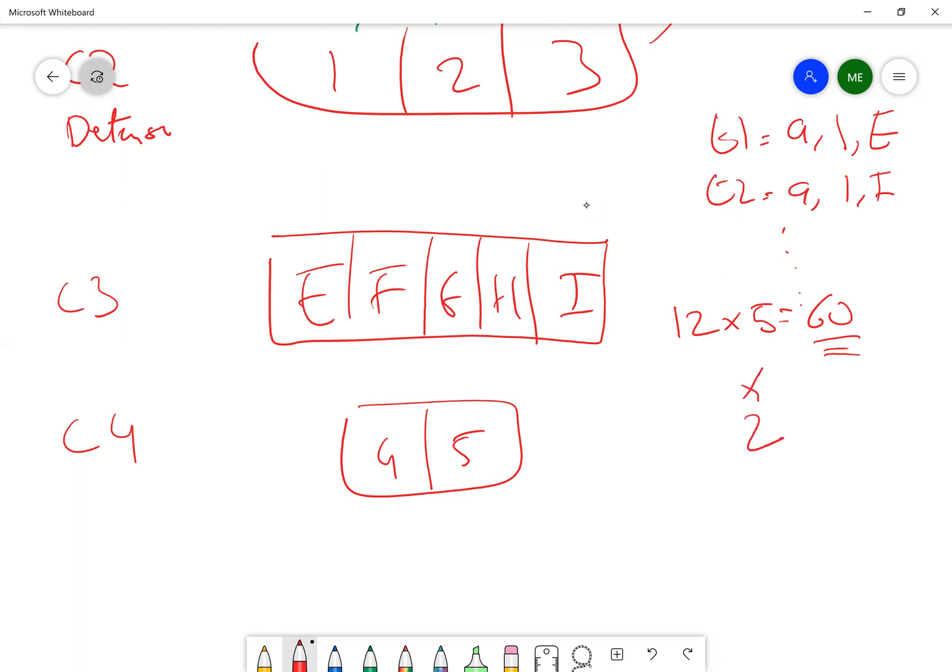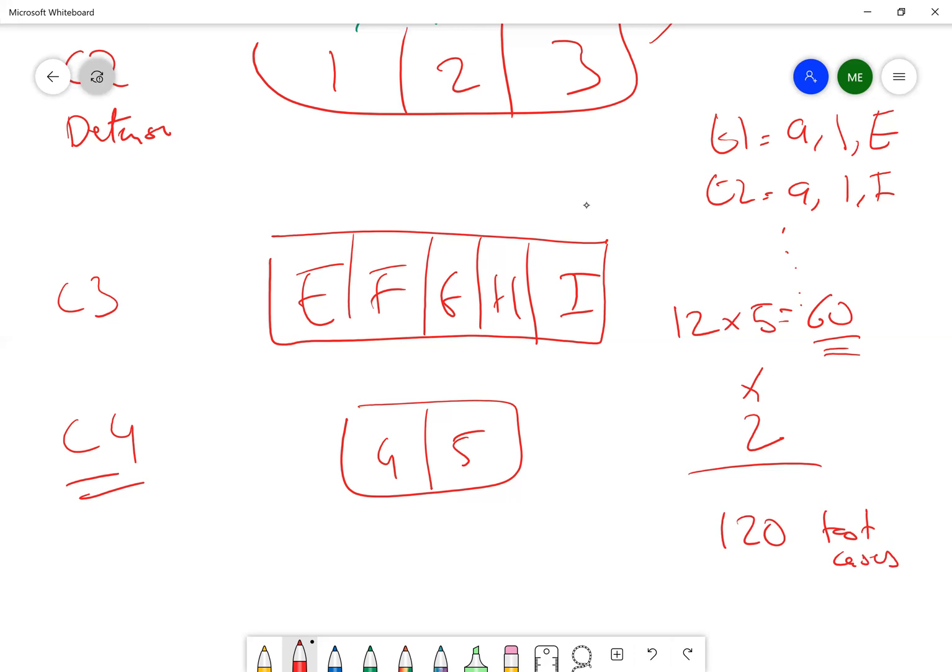So suddenly, just by adding a new characteristic with just 2 partitions, that's the minimum, I end up with 120 test cases. And you can see how quickly this is blowing up, right?